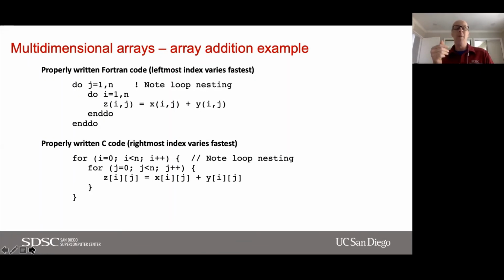I have my innermost loop corresponding to the leftmost index. In the next example, for properly written C code, I'm going to flip things around. I'm going to have for i, then for j, then z[i][j] equals x[i][j] plus y[i][j]. In this case, my innermost loop corresponds to the rightmost index.